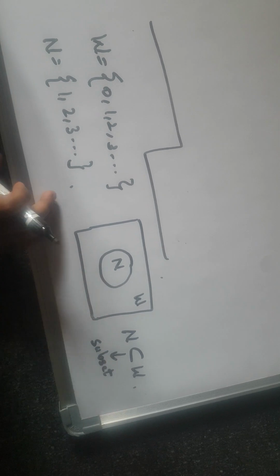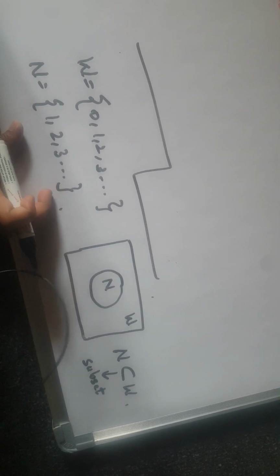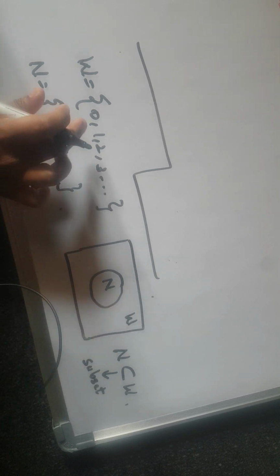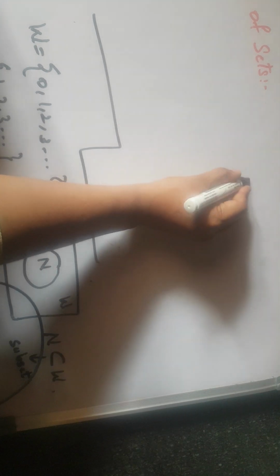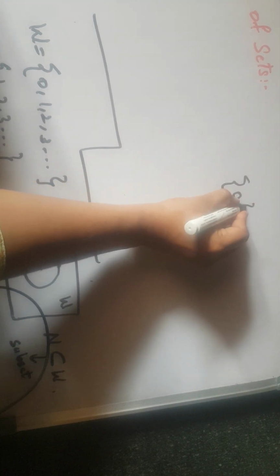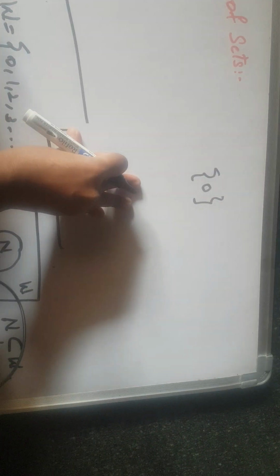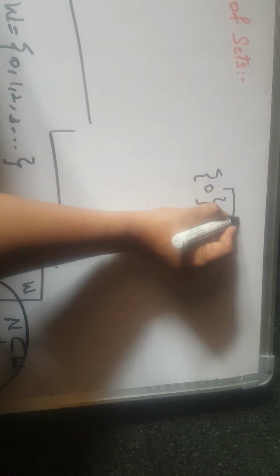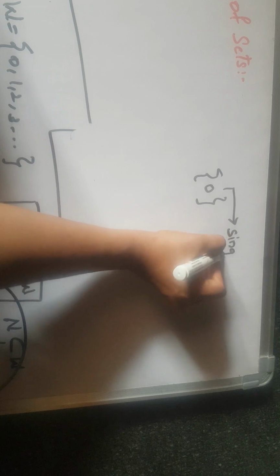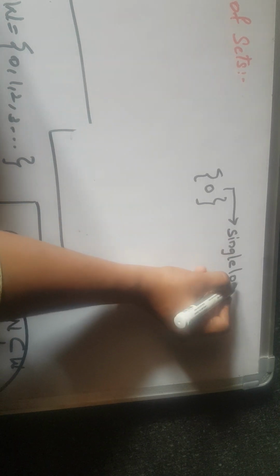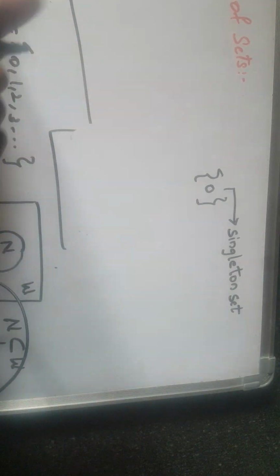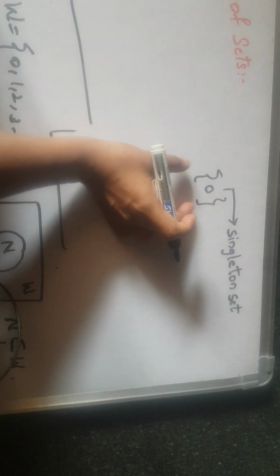Now I'll explain further. If you remove the natural numbers from the whole numbers, what element is remaining? 0. This one element is remaining, so it is called a singleton set, meaning only one element is in the set.